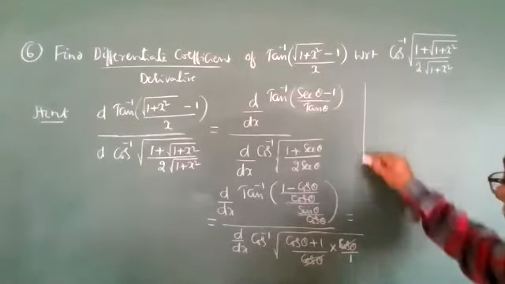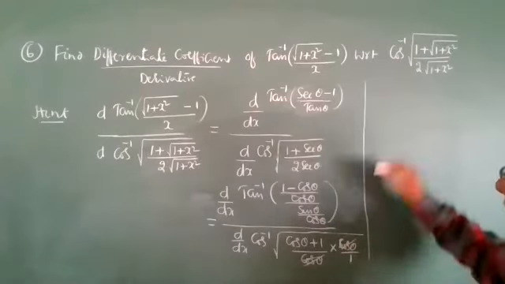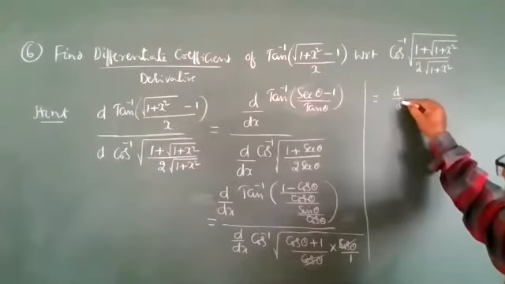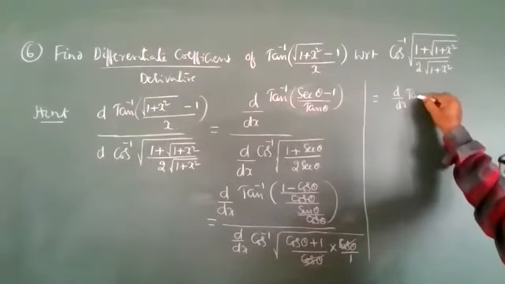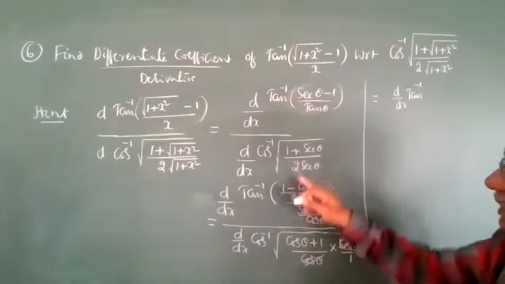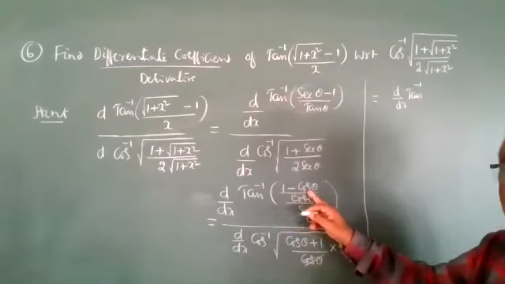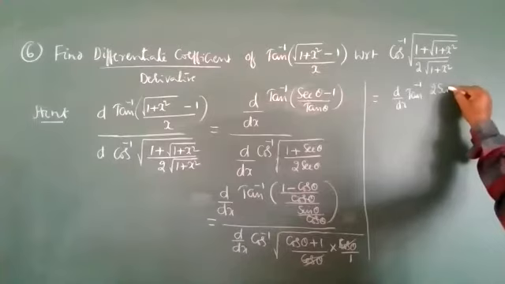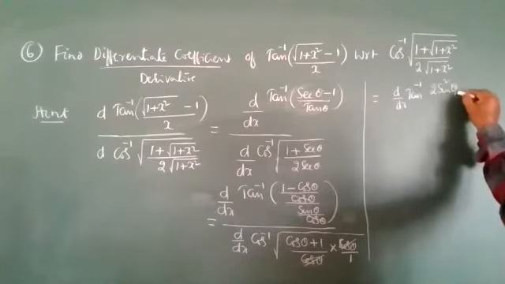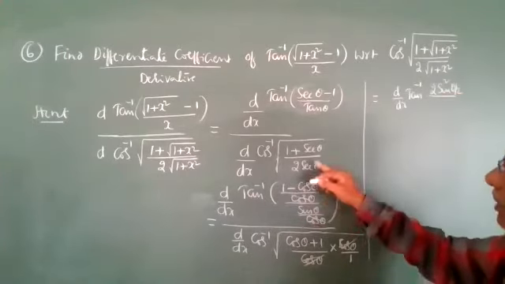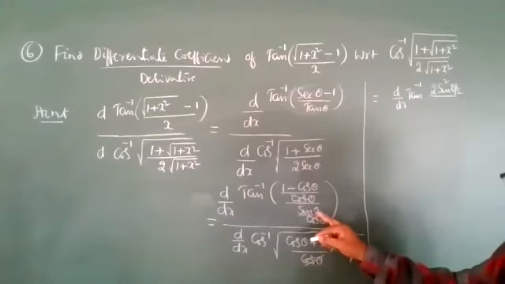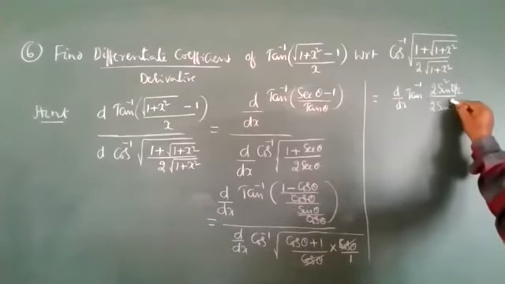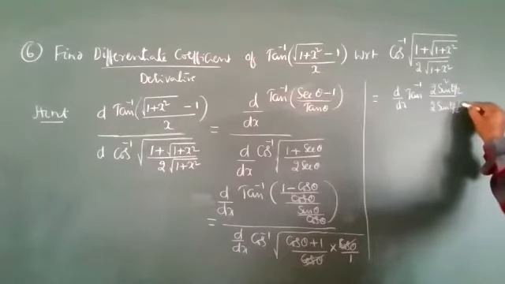d by dx of tan inverse of, by mind calculation, 1 minus cos theta is 2 sin square theta by 2, and sin theta by the submultiple formula is 2 sin theta by 2 cos theta by 2.